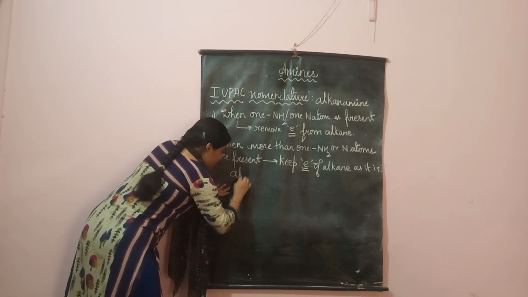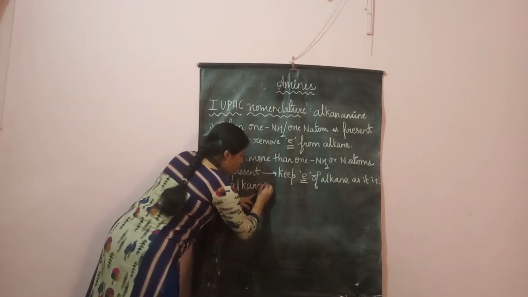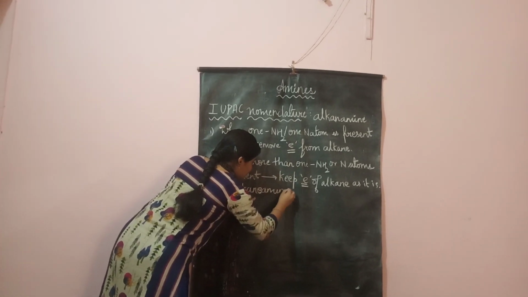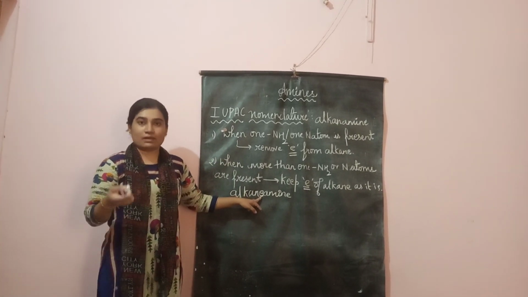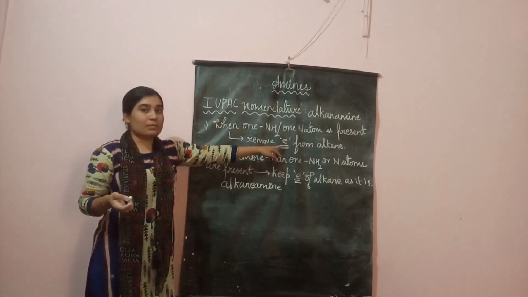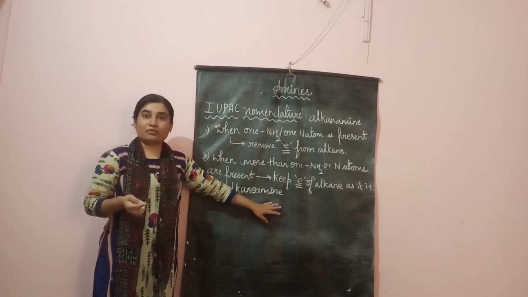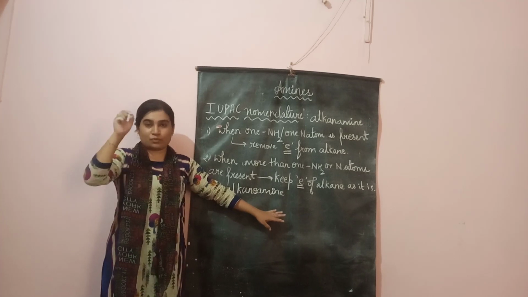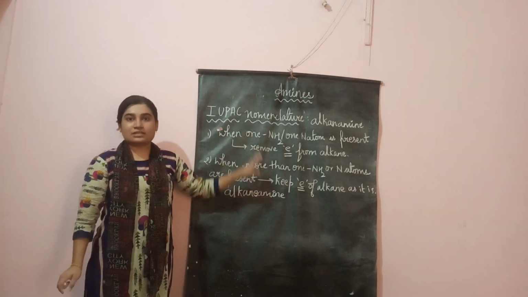That time the name will be how? ALKANE followed by amine. E should be kept as it is if you have more than one NH2 group. E will be removed if you have only one NH2 group. Along with this, you will have to mention the number of the position at which your amine groups are present whenever you have such type of things.